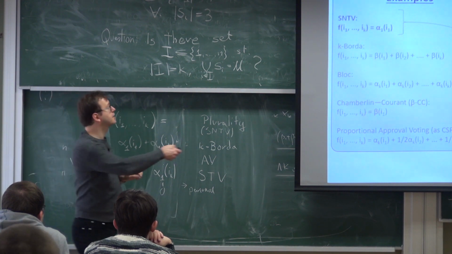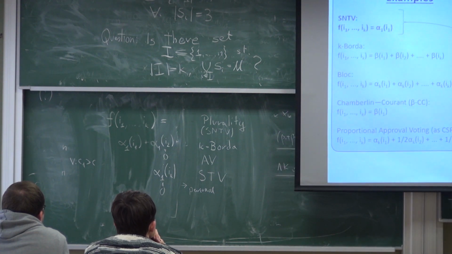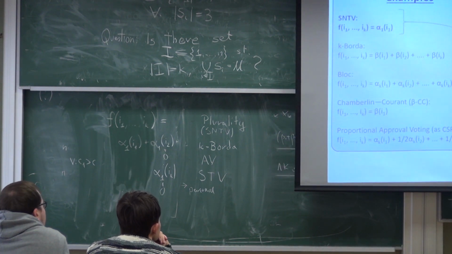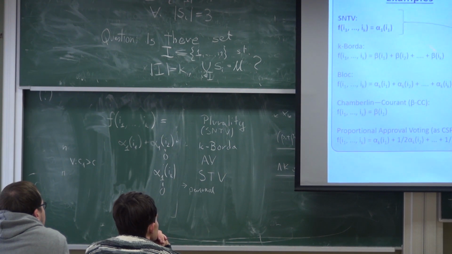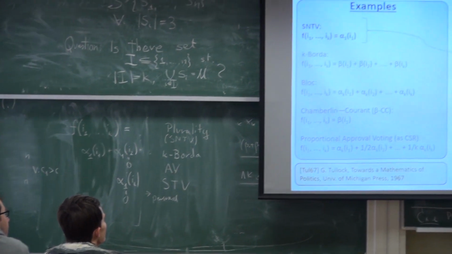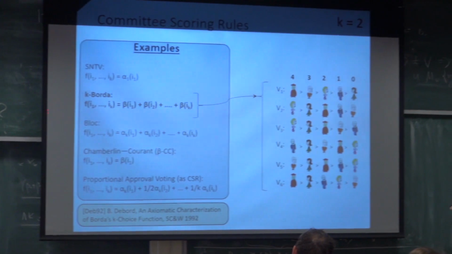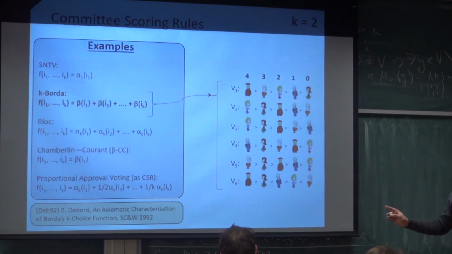So that's why in this definition we have just one element of the sum. But if you have, like in k-Borda, an actual sum of the same kind of functions, then this is just like using a single winner scoring function. So in this case, red and pink are winners. So for k-Borda, this is clear, right?